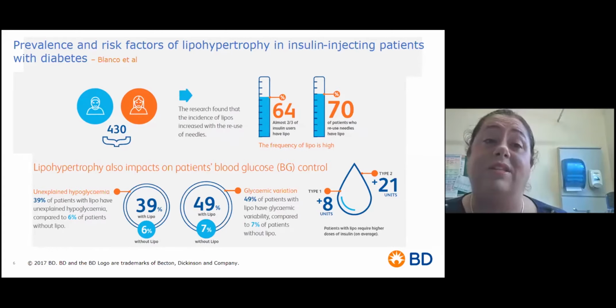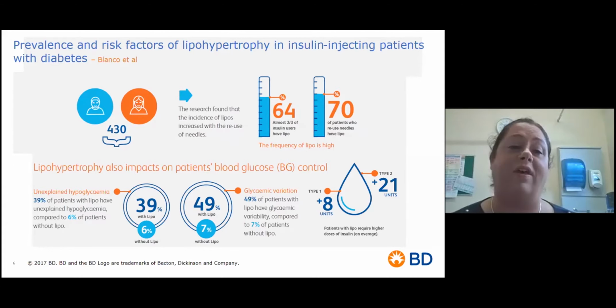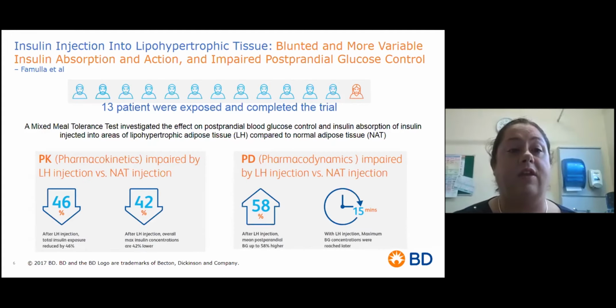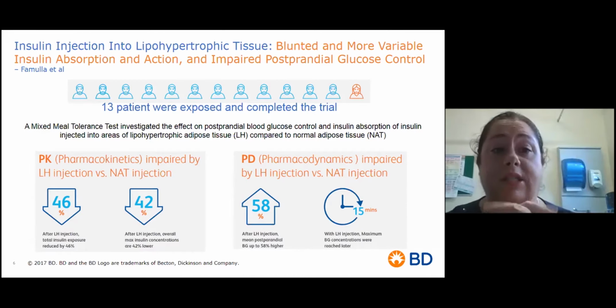And that's just diabetes. That's not incorporating what happens in life outside diabetes, because sometimes diabetes might not be the biggest problem. And as healthcare professionals, we need to be able to recognize that and help our patients through. So the Blanco study was followed up, there were 13 patients involved in it, and it's interesting reading.